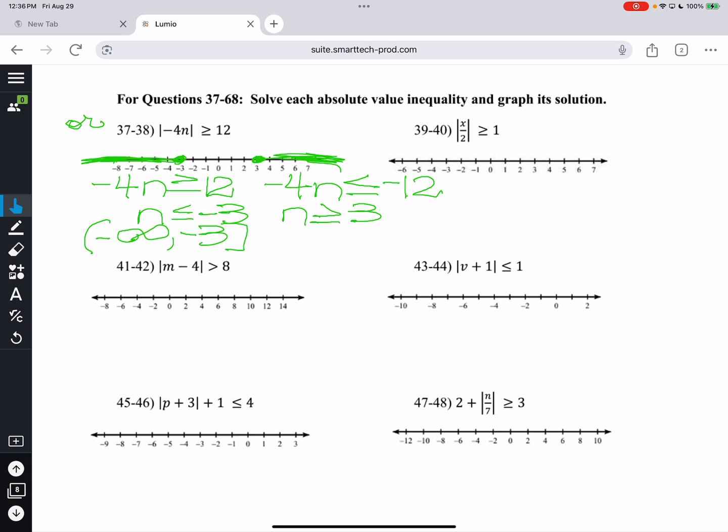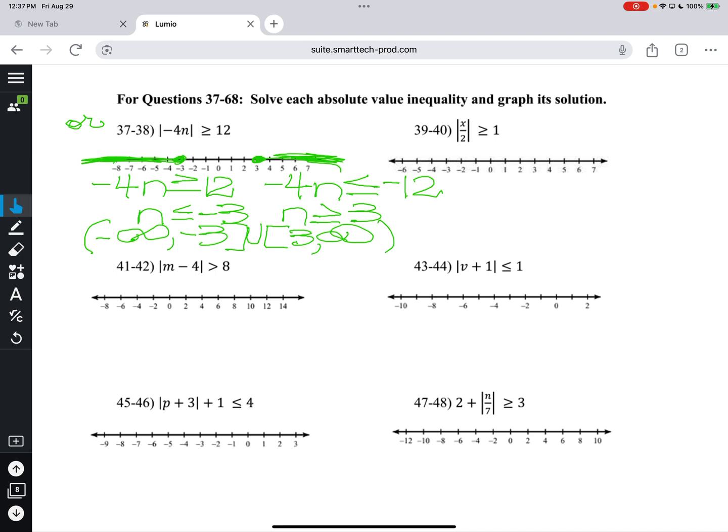Bracket, 3. Good. 3, comma, infinity, parentheses. Anything else? What goes in the middle? Oh, yeah. Capital U. Good. To show that it's the union of those two, since they don't have anything to do with each other. Excellent job.